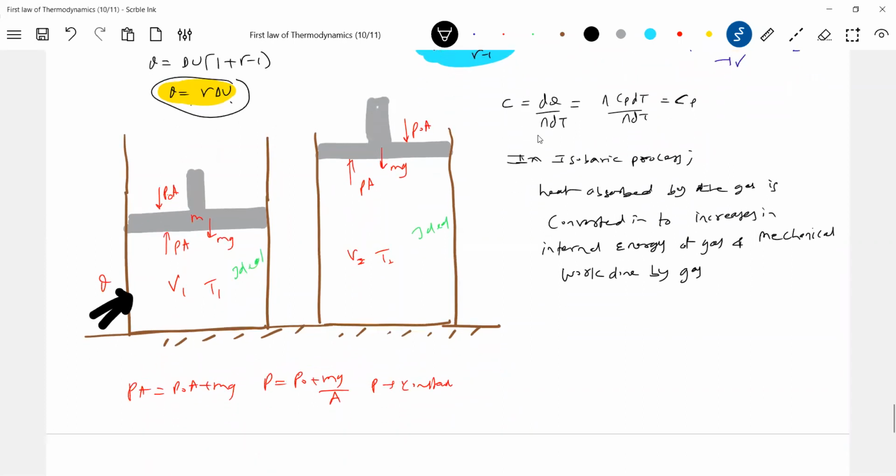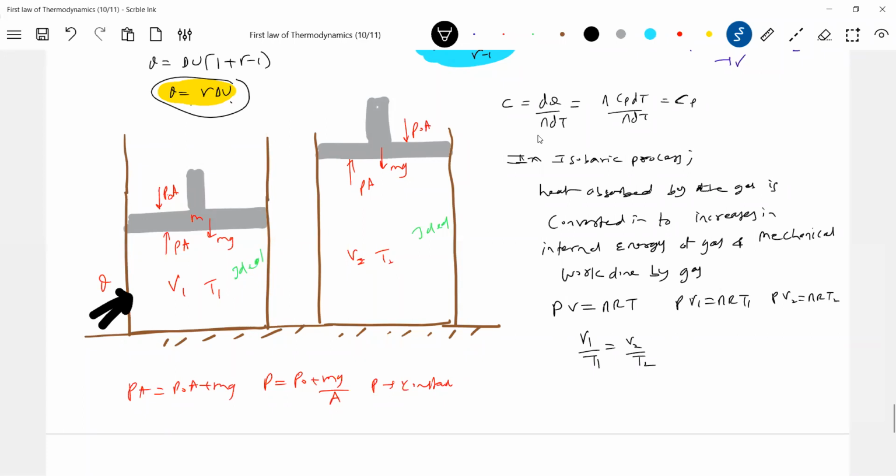Okay, let's come to the ideal gas equation. PV equal to nRT. So P constant, so V1 by T1 equal to V2 by T2.